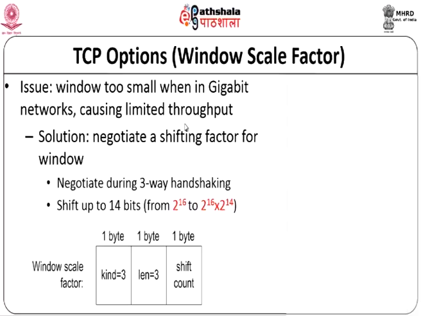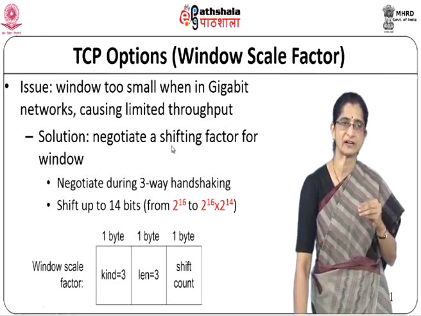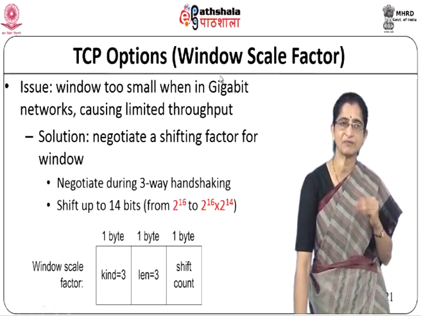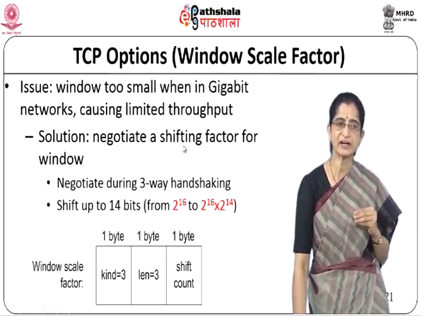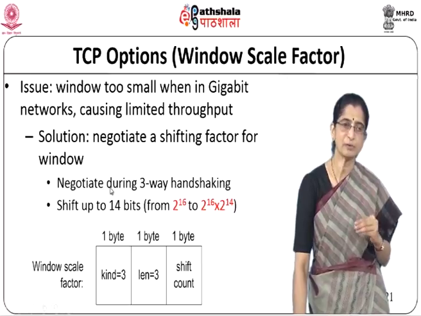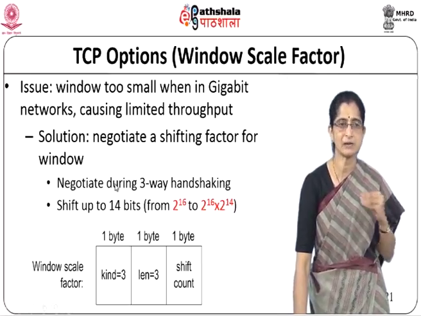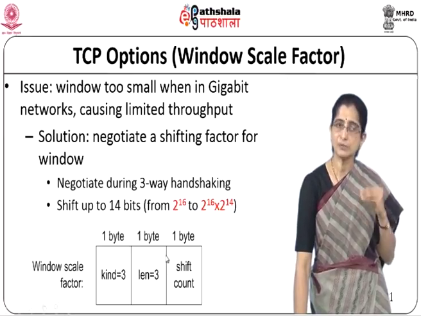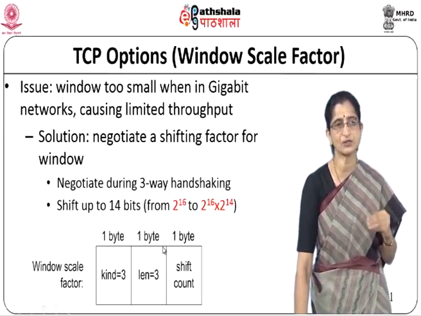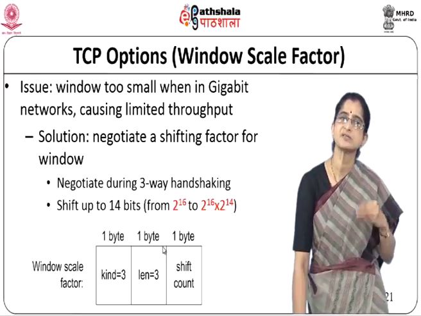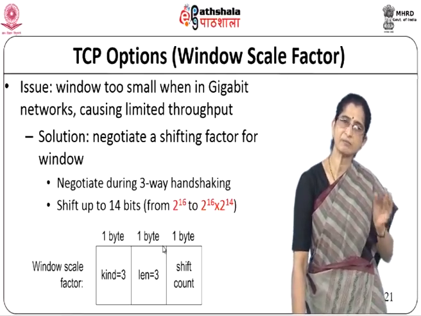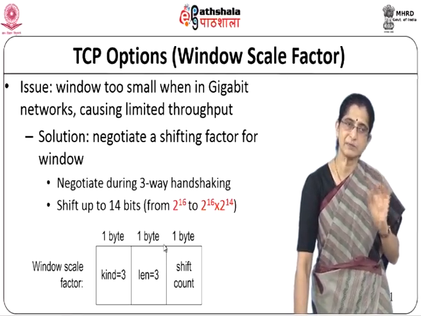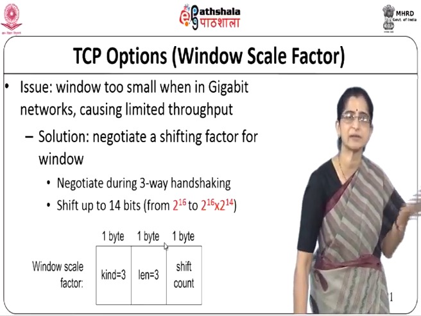So what we do is we negotiate a shifting factor as a window scale factor option. The shifting factor basically says you give me some value, but I will scale that up by some count value. So you may say that the window size is 100, but I will use a scaling factor of 16, which means the actual window size is 16 into 100, which is 1600. That way my 64 kilobyte limit can be expanded because I can multiply it by a scaling factor.